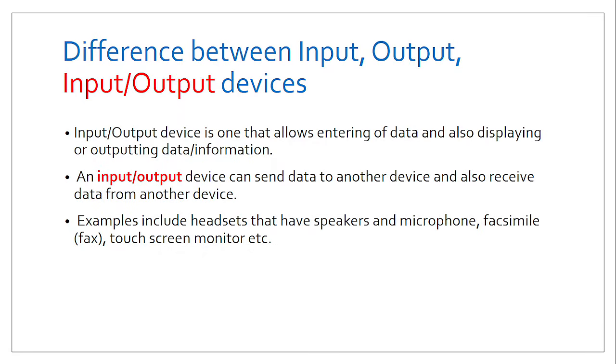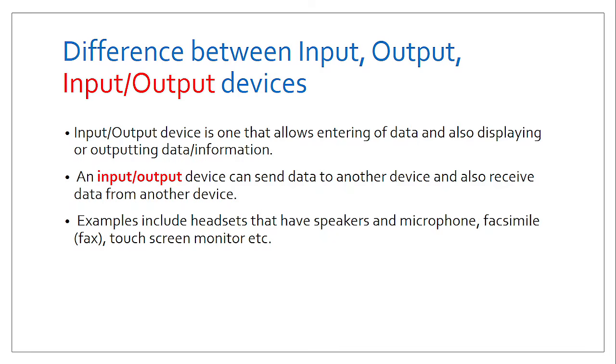Again, we have other devices that have the capability of sending and receiving instructions at the same time. We talk of the I/O devices, or the input-output devices. These devices can send data to other devices and also receive.